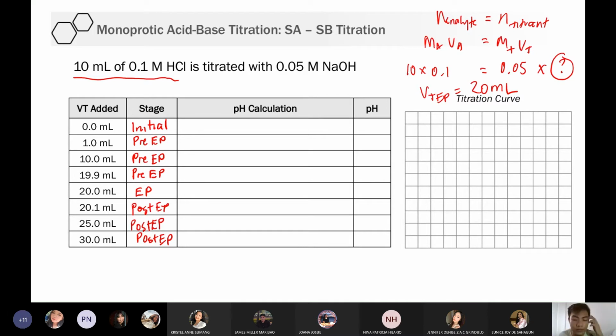By the way, if you watch YouTube videos, kunwari kay Organic Chemistry Tutor, kay Khan Academy, iba yung approach nila sa titration, especially kapag weak acid, weak base. So, ang approach ko, yung simplified, yung approach nila yung equilibrium. Kaso, ang goal ko is i-simplify natin yung equilibrium.